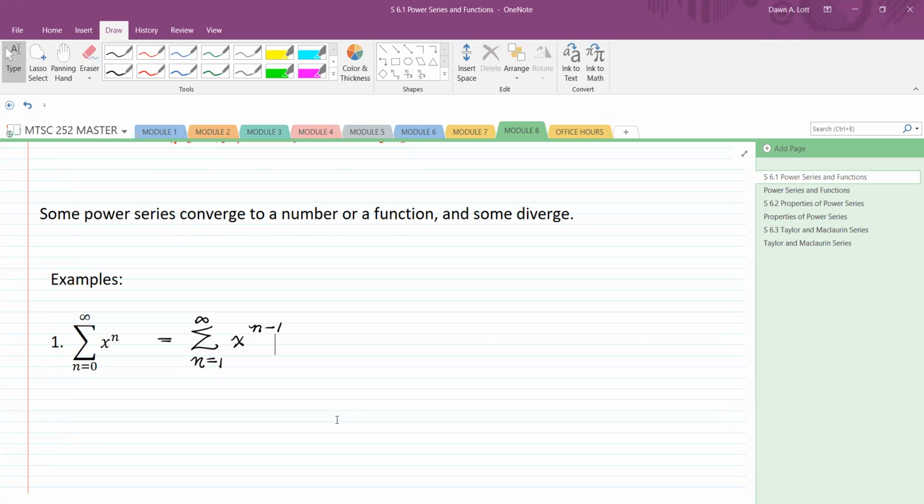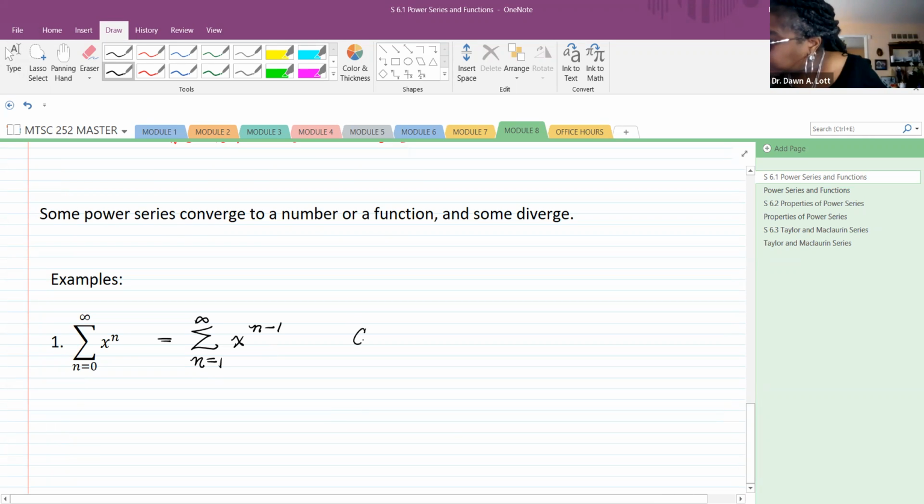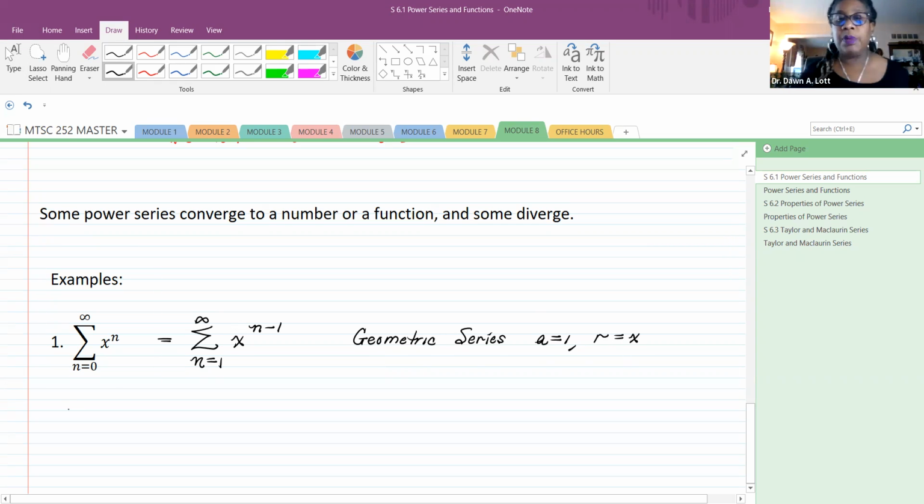Geometric. It is a geometric series. Fantastic. It looks weird, but it is a geometric series. A is 1, and here R is x. We're used to seeing a number there, but R is x. It's actually x minus 0, but R is x.